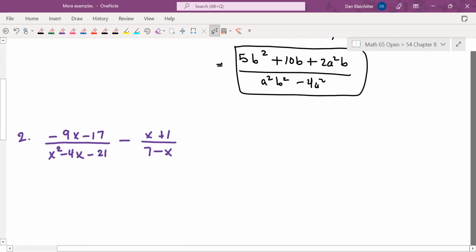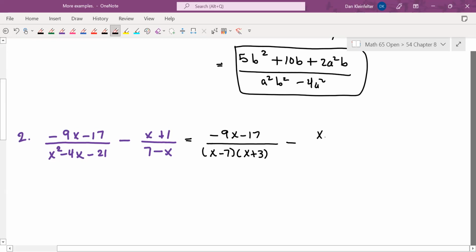So next step, more factoring to begin with. We'll have x minus 7, x plus 3, it looks like. And then down below, this one is another one of these that has 7 minus x in it. And I see that I already have an x minus 7.